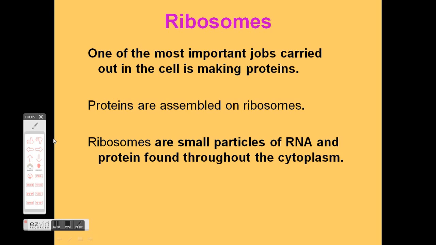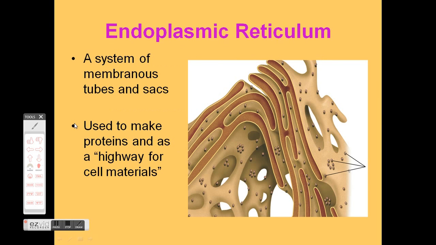And you can find them all throughout the cell in the cytoplasm, and you can also find them stuck on the rough endoplasmic reticulum. We say it's a rough endoplasmic reticulum because the rough appearance of it is actually little ribosomes stuck all over the surface of it. So that's how the rough endoplasmic reticulum got its name.